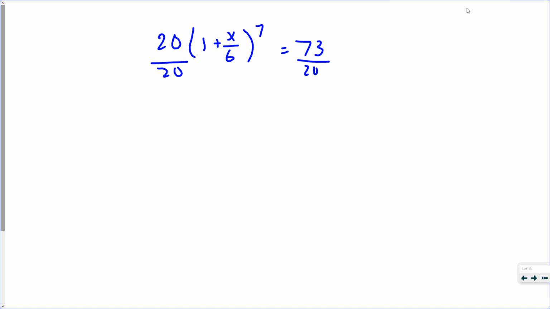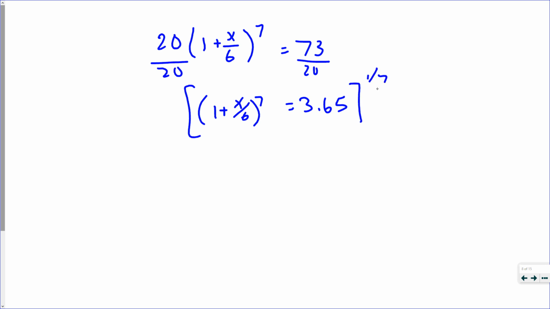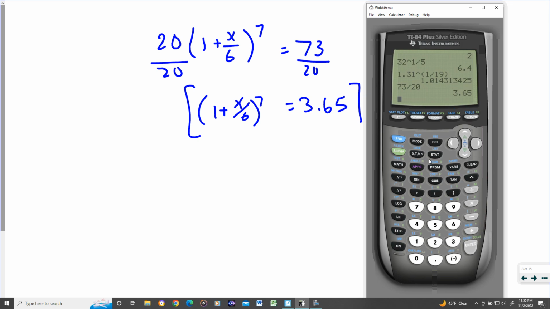So 3.65 is equal to 1 plus x over 6 to the 7th. Take both sides to the 1/7 power. In my calculator, you can just hit the exponent key and it produces the answer: open parentheses, 1 divided by 7, 1.203.